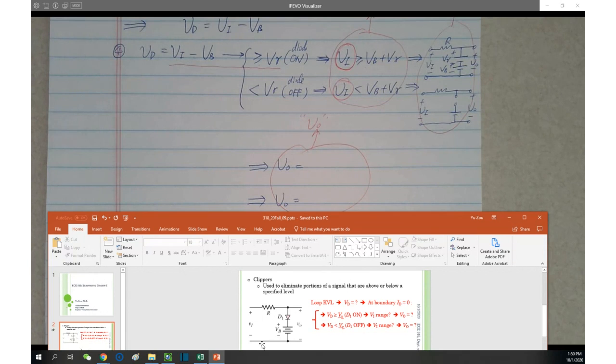If these make sense, then obviously the next is: when the diode is on, what is the V naught? Anyone knows? The diode is on. What is the V naught?